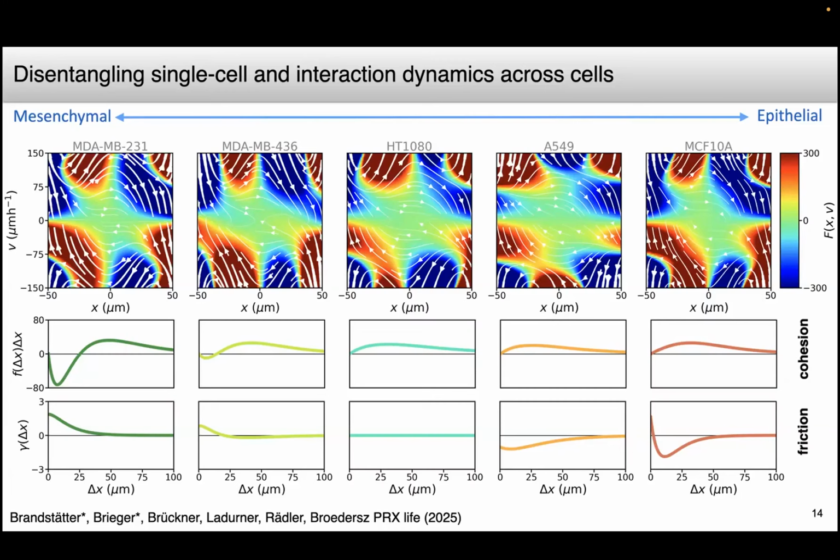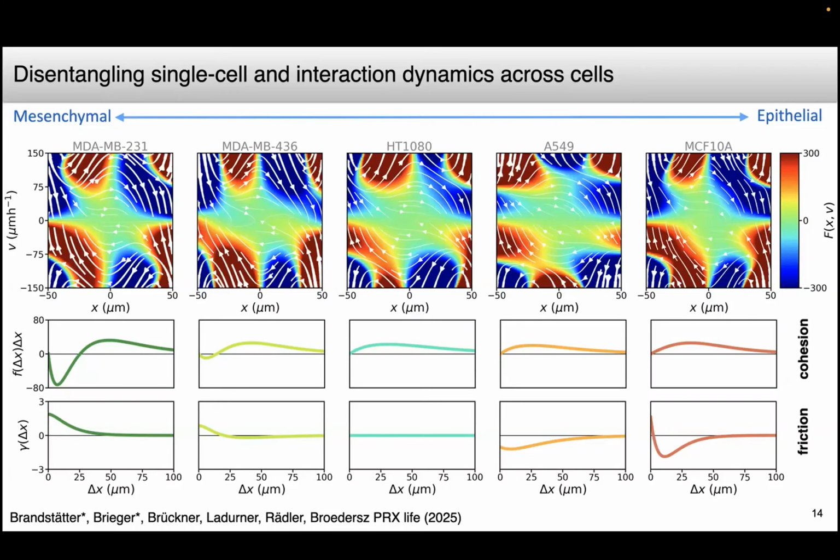Now, the models that we infer here are high dimensional, and this sometimes makes them a little challenging to compare side by side, also if we're interested in looking at all kinds of molecular perturbations or drug treatments. Therefore, we decided to make a simpler comparison between different behaviors by performing a dimensional reduction.